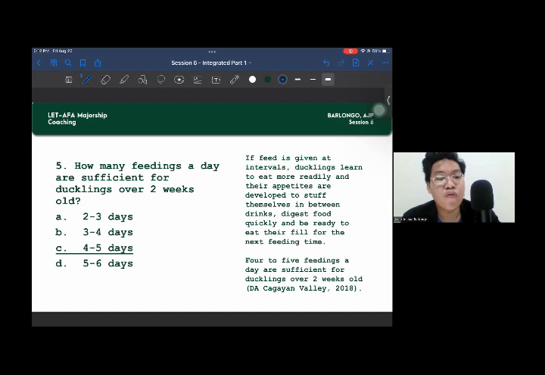That is why 4 to 5 feedings. Actually, I only just realized that this label is wrong, it says days there. It should be 2 to 3 feedings, 3 to 4 feedings. Okay, we'll adjust that in the mock exam.